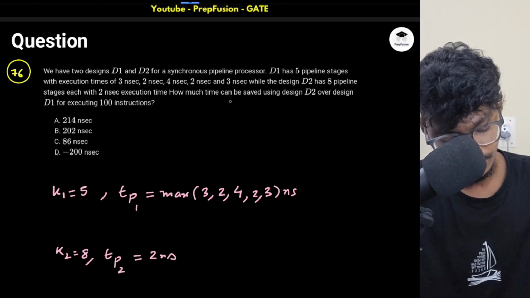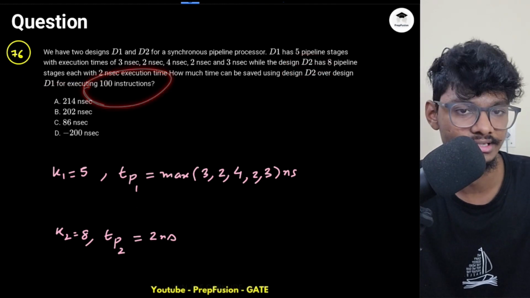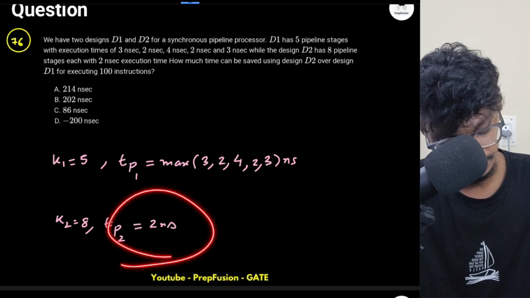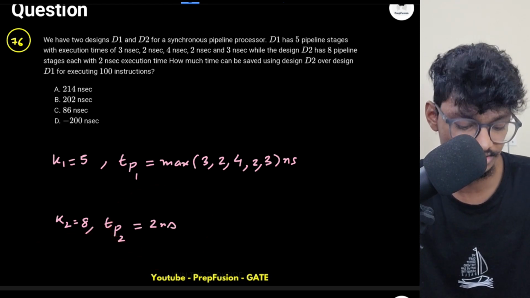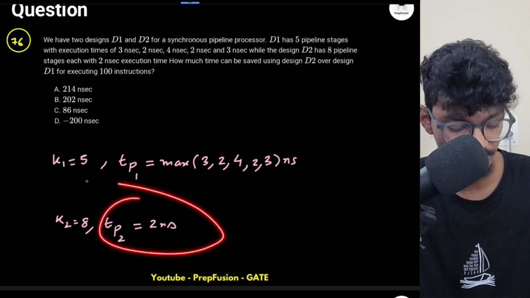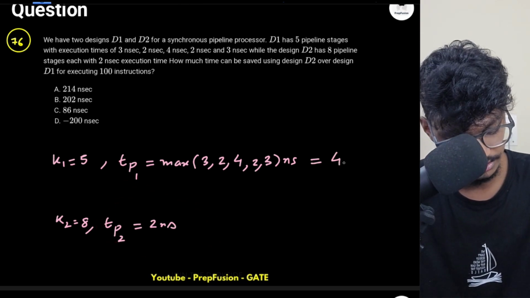How much time can be saved using design 2 over design 1 for executing 100 instructions? So how much time can I save in design 2? Because overall it has 8 stages, right? So it takes 16 nanoseconds for the first instruction only. After that it is only taking 2 nanoseconds. So that is the advantage. Here the maximum will be 4 nanoseconds. Correct?